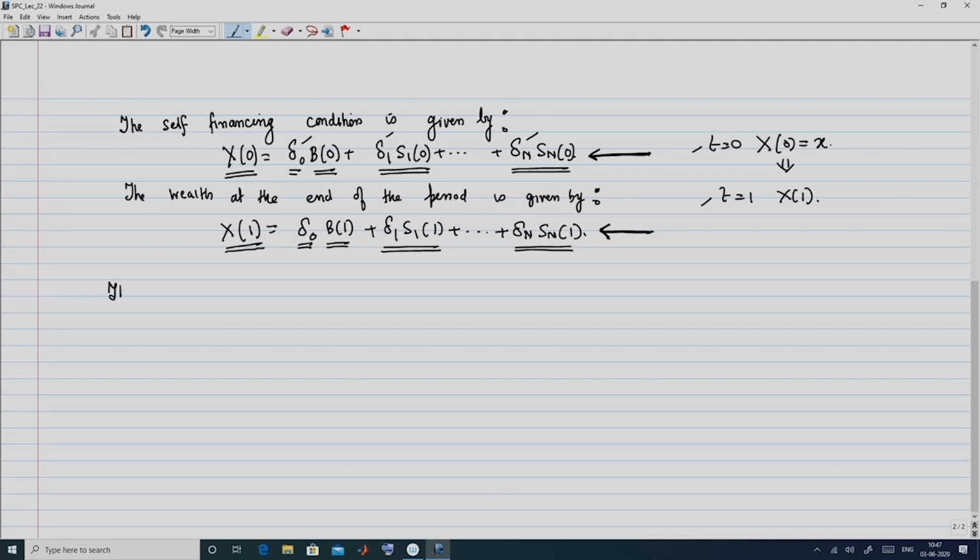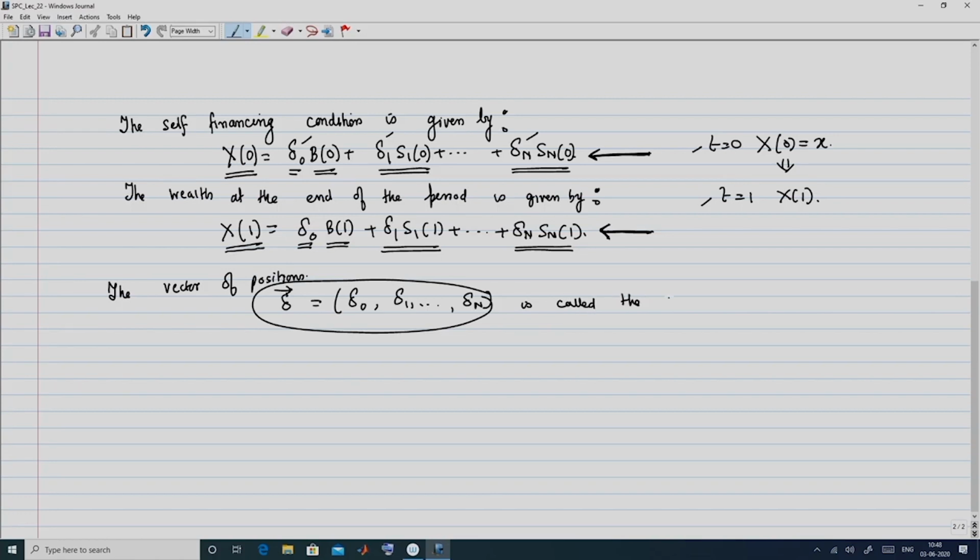Now we introduce a notation to club together delta naught, delta 1 all the way to delta n, and we call this vector delta. So, this is the vector of positions delta as given here. This is called the trading strategy.